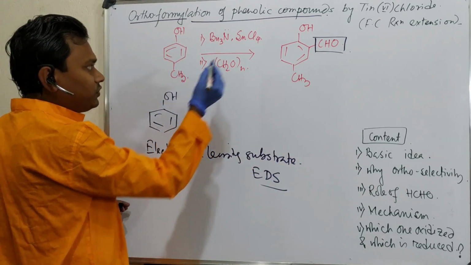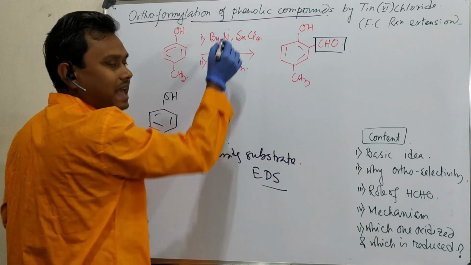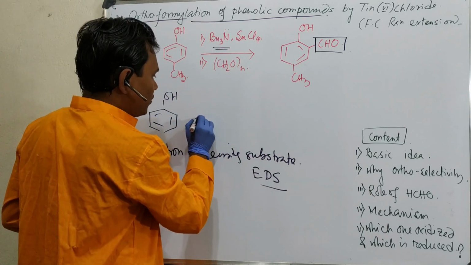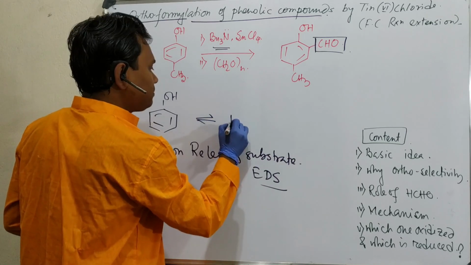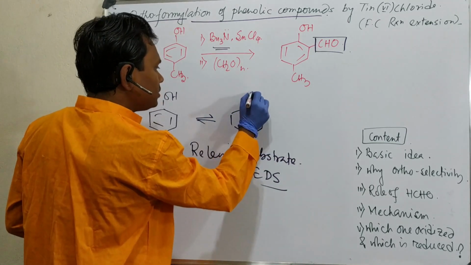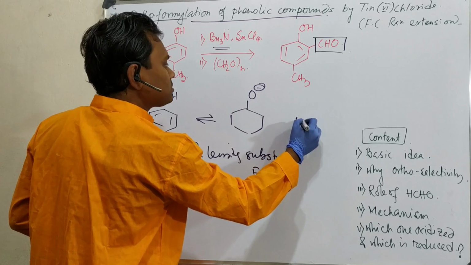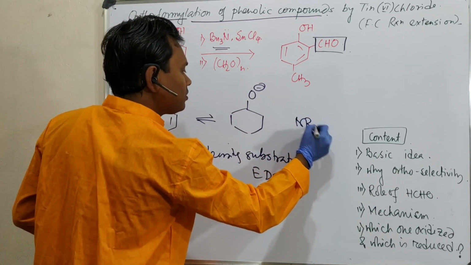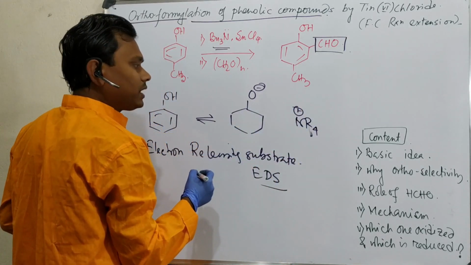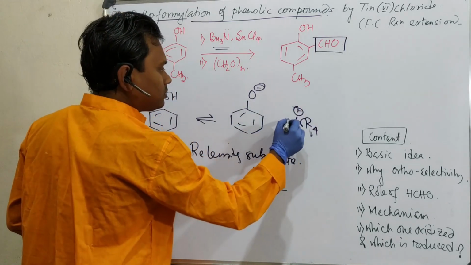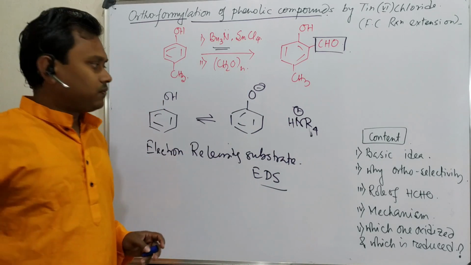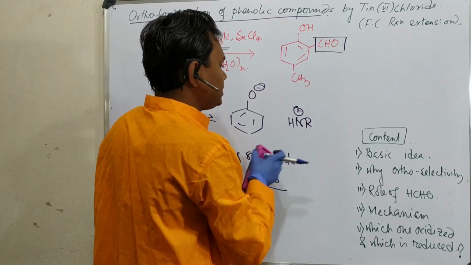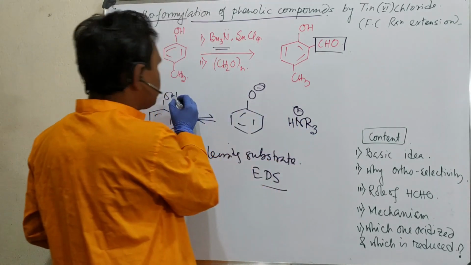How? Even under alkaline condition, this is an amine, meaning basic medium. What can it produce? It can produce O minus and NR3H plus, because this proton is abstracted.